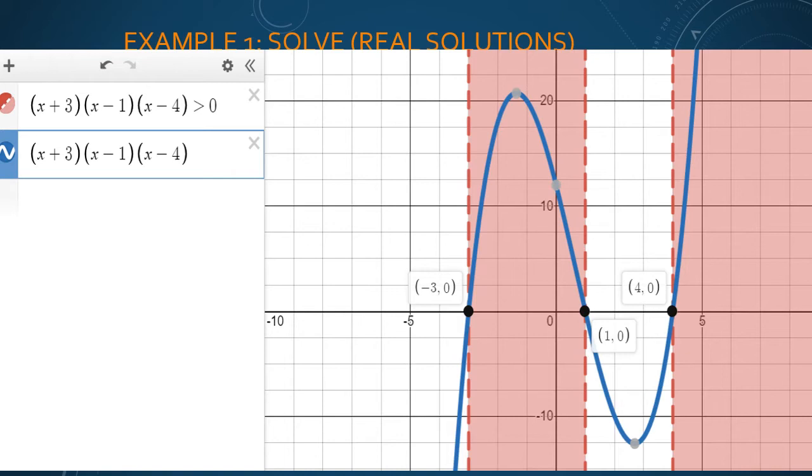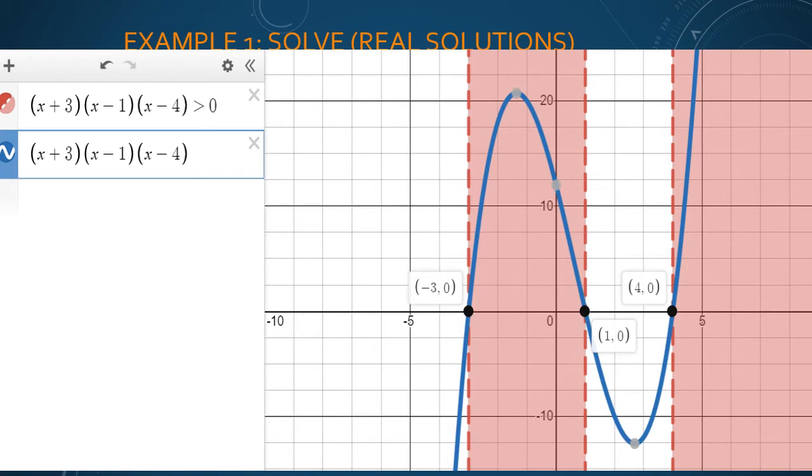You can see that first red section, my blue graph is above the x-axis between -3 and 1. That means it's positive, that is a solution. Then between 1 and 4, it dips below the x-axis. So it's negative, so that's not a solution. And then at 4, it crosses the x-axis and goes on to infinity forever above the x-axis. It's positive.